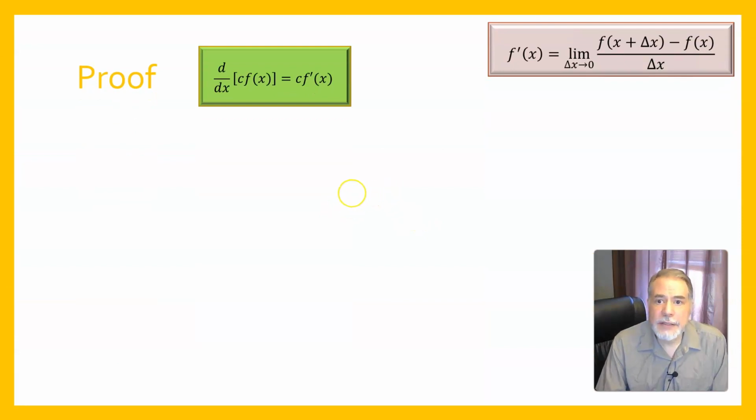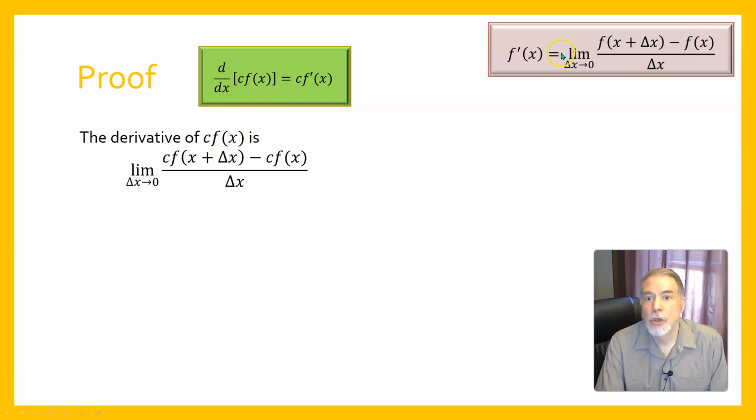How would you prove this? Well, it's pretty straightforward if you just refer to the definition. According to that definition, the derivative of c times f of x should be the limit as delta x approaches 0 of c times f of x plus delta x minus c times f of x, over delta x. The other side of this equation is c times f prime of x, c times the derivative of f of x.